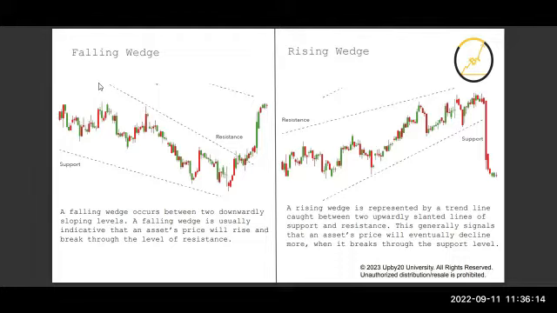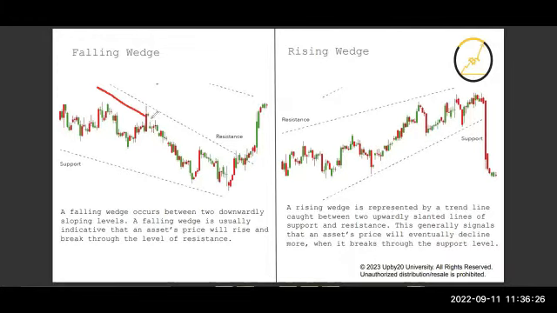So with the falling wedges, we'll be in a downtrend, and then you'll start to see this sloping down line and also this sloping down line as well. So as you can see, it forms somewhat of a wedge, and price has to react to one direction after it gets to this converging point here.